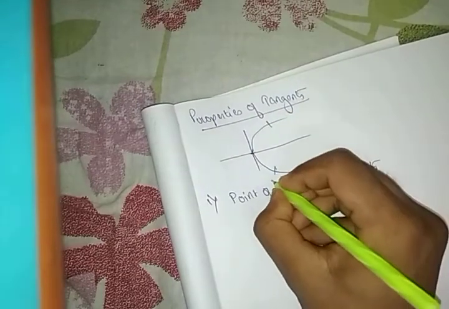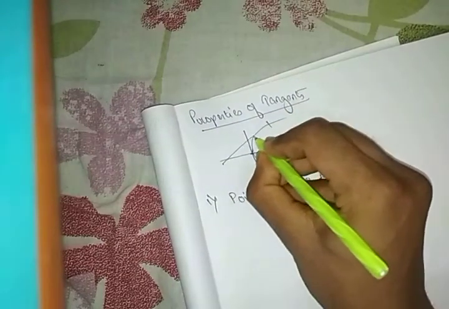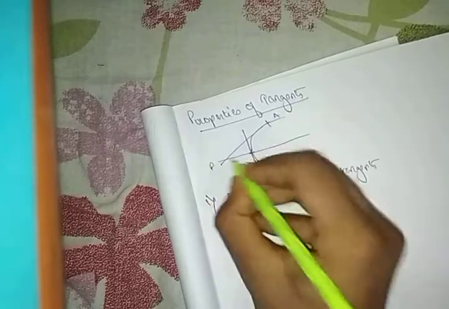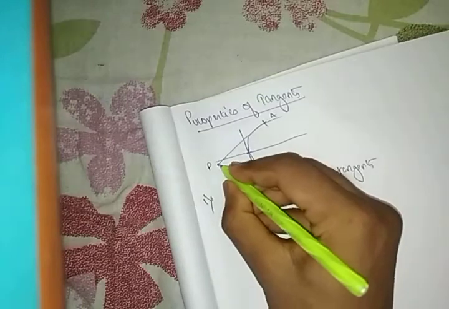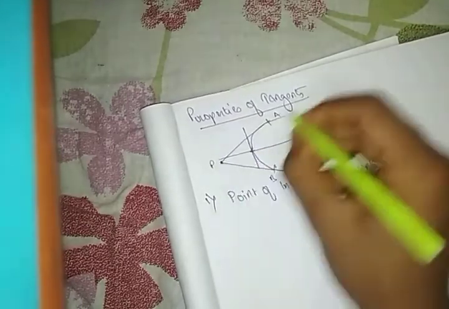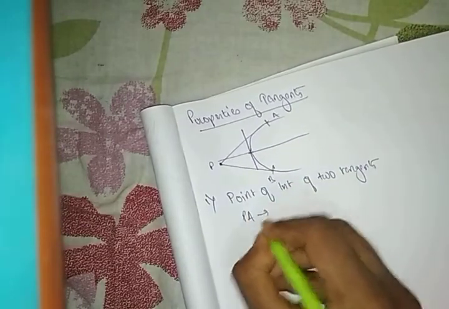Let's say this is another point, this is A, this is P, another point. So how to find this point? What is the equation of tangent PA?